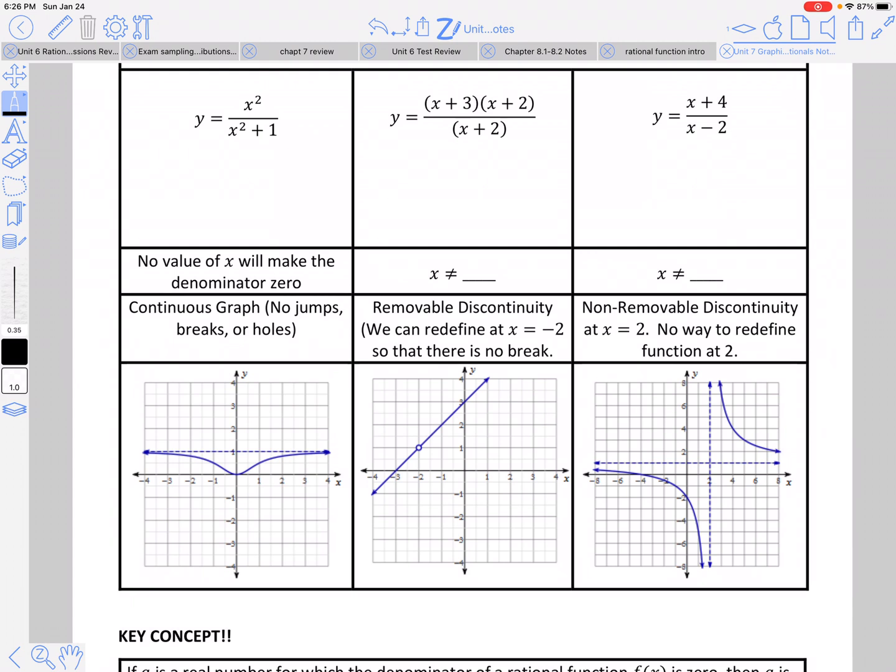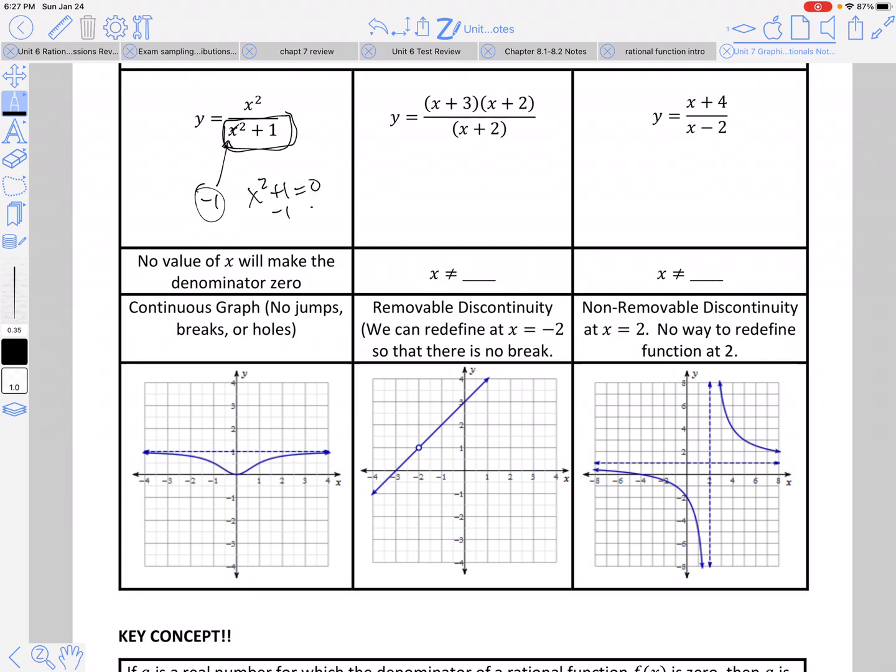So let's look at a few of these. So we have x squared over x squared plus 1. Notice that if I try to plug in a 0 here, I'll add 1, so I'll still be at 1. If I try to plug in a negative number, like -1, -1 squared is just 1, so we'll be at 2. So x squared plus 1 will never go to 0.